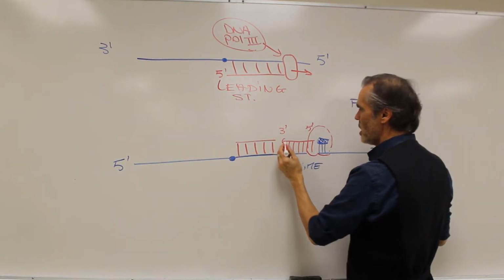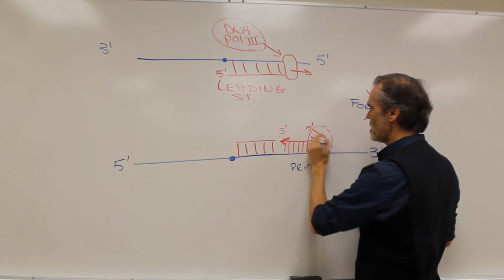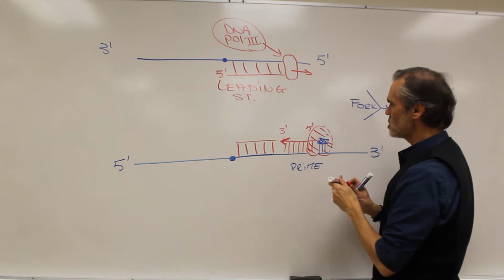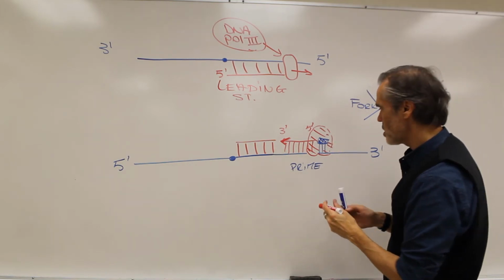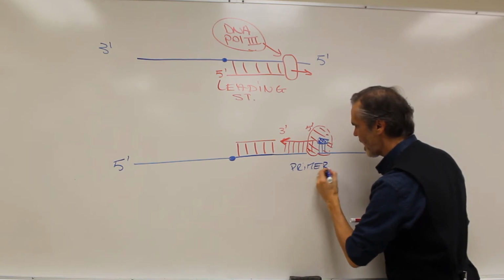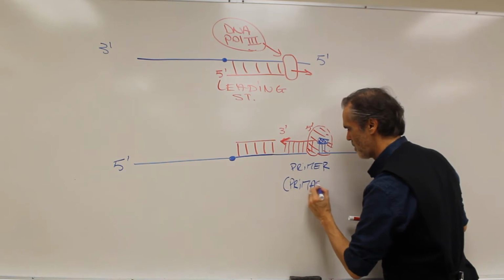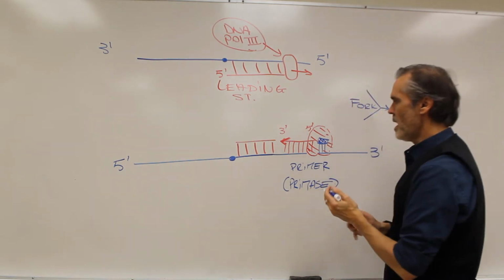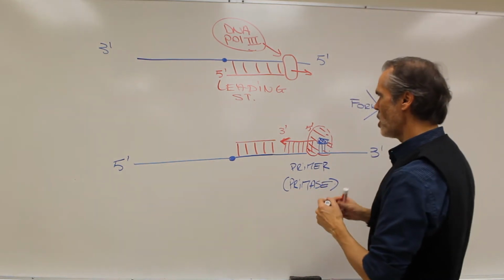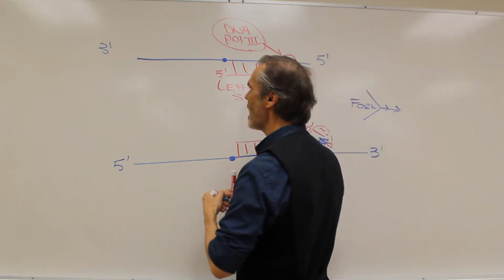So it's going to go in this direction, and it can do so because it has a little primer here. The primer, not prime, but primer, is added by an enzyme called primase.